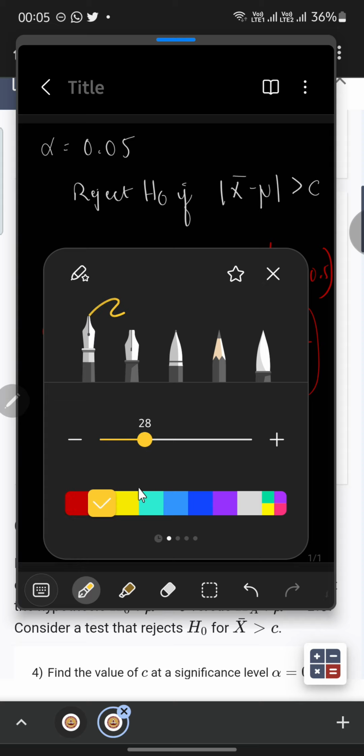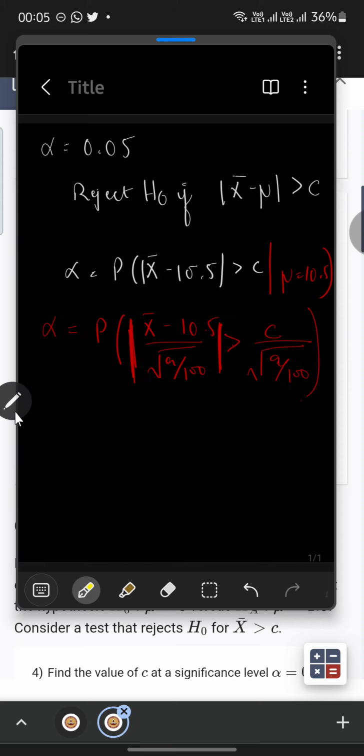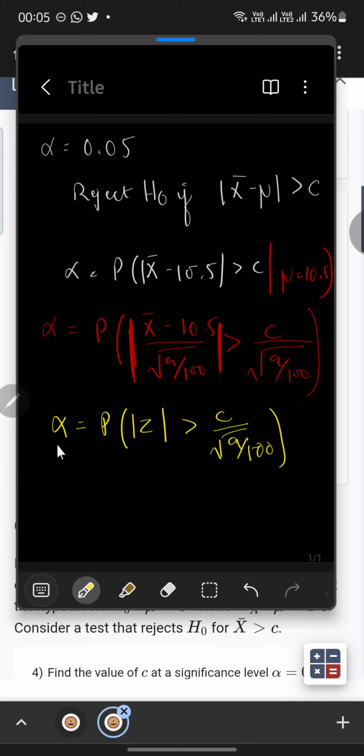Now here comes the easier part. Alpha is equal to the probability of z, which is the normal, being greater than C upon root of 9 by 100, and from this we can for sure say that 0.05 is, or we can write this part here as 2 into F of z of C upon, let me write this as 3 by 10.